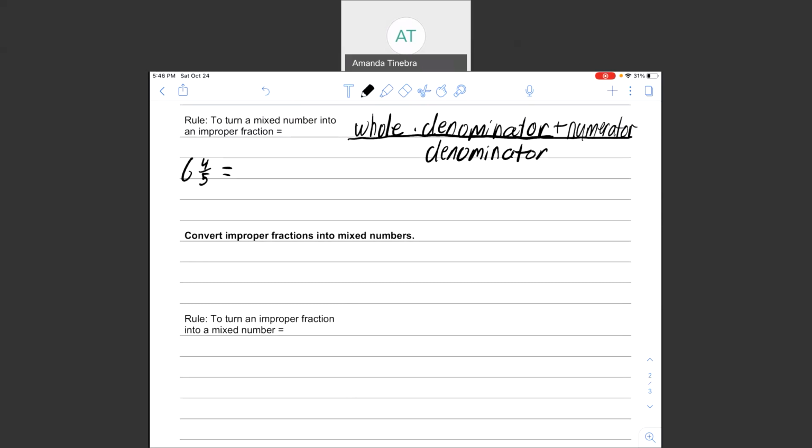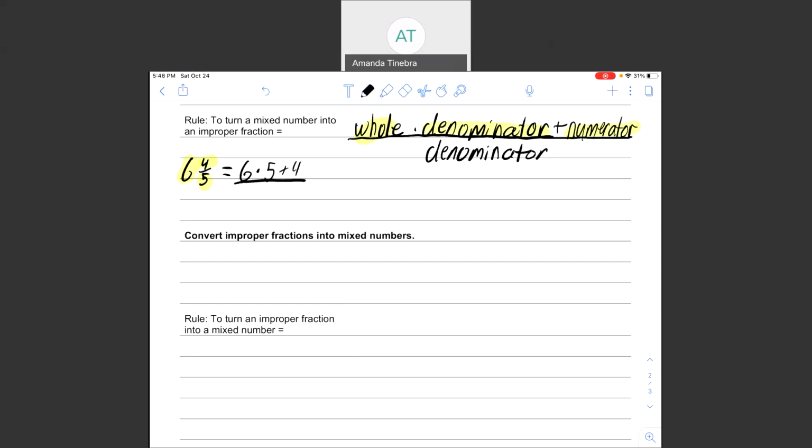So my whole number, that's 6, times my denominator, well, the denominator is 5, plus the numerator, which is 4. So that all goes on the top.